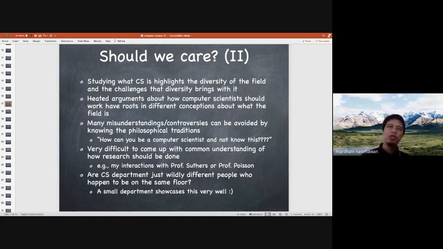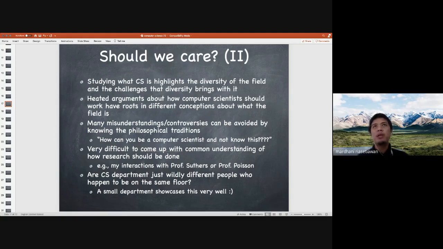It's very natural because the diversity already exists inside computer science. But the problem is if the differentiation produces many misunderstandings and controversies. That will be very difficult to explain.